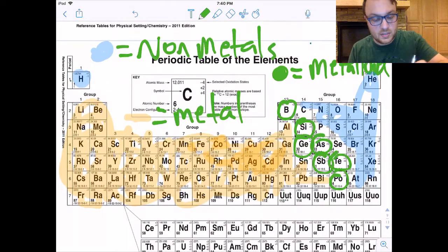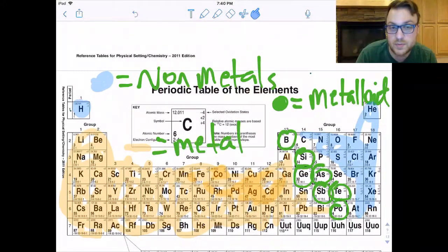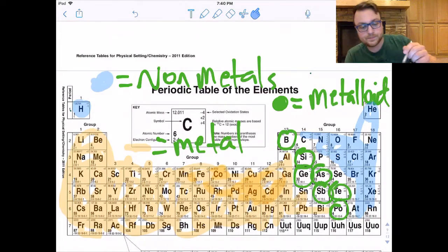The first thing is to always make sure you have a good idea of what's a metal and what's a nonmetal, because there are questions as simple as that. Ionic bonding will be between metals and nonmetals. Molecular compounds will be between nonmetals only. So just make sure we have straight who's the metal, who's the nonmetal.